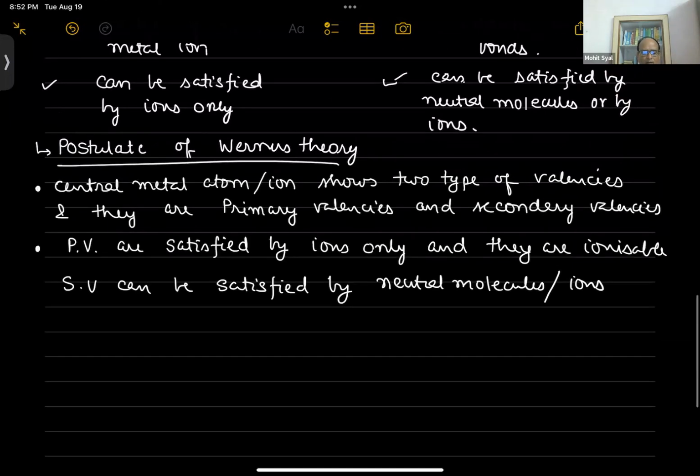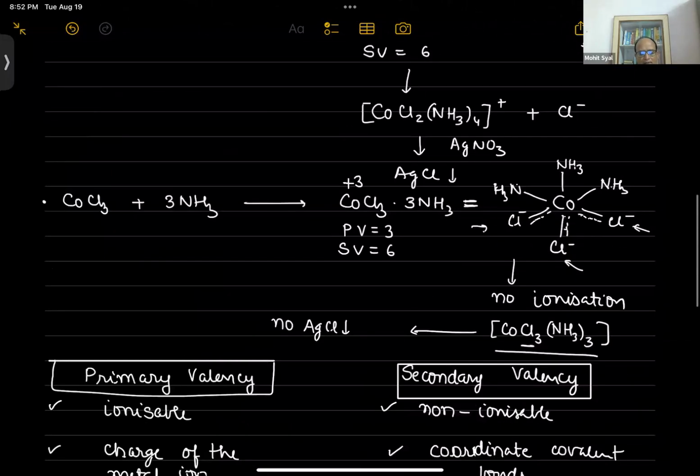So first find the charge. Cobalt is +3, and 3 Cl minus are there, that we already know. But there are only 3 NH3.